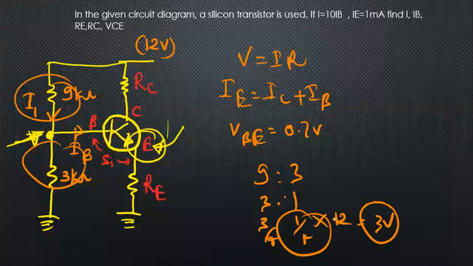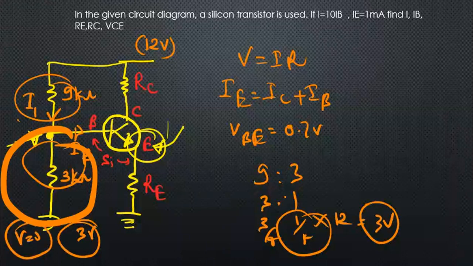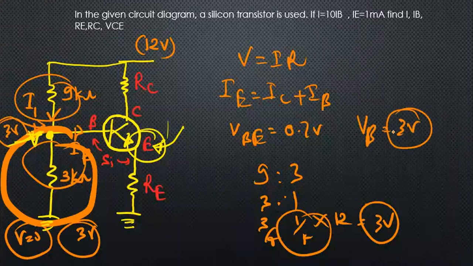The potential at the bottom is 0, so we can take the potential at this point as 3 volt. That means VB equals 3 volt.